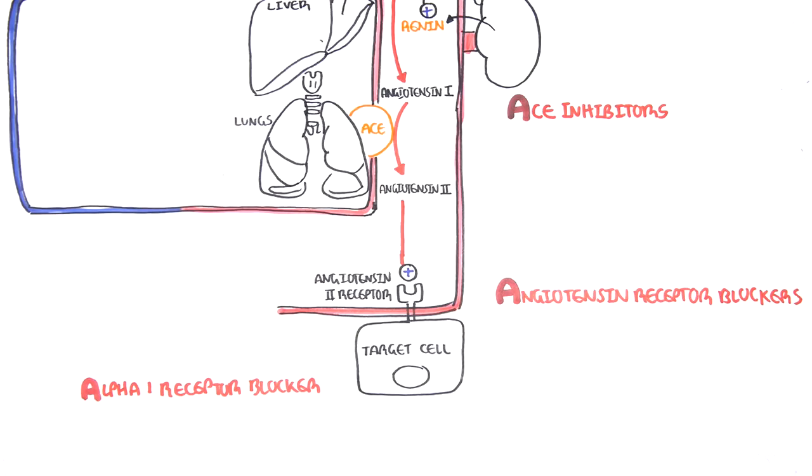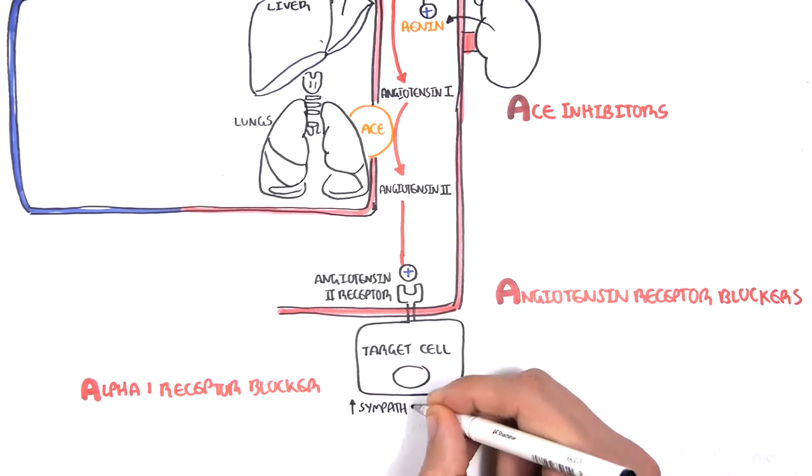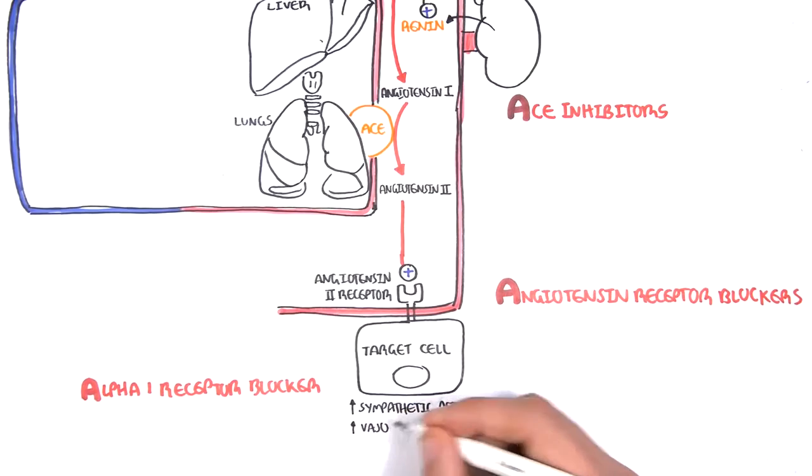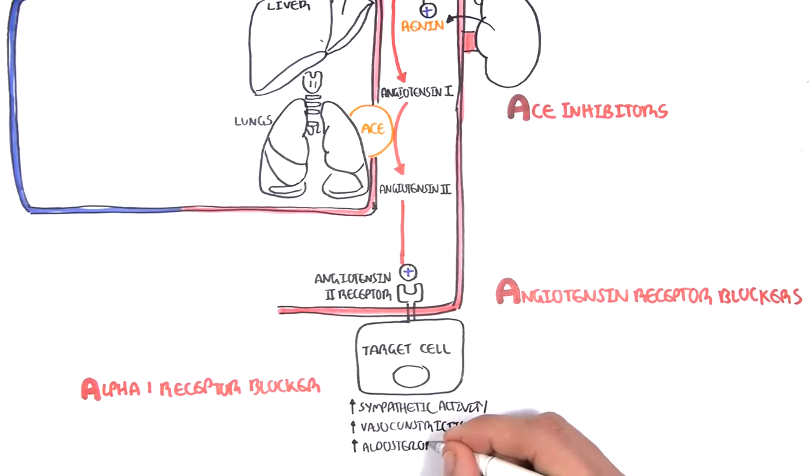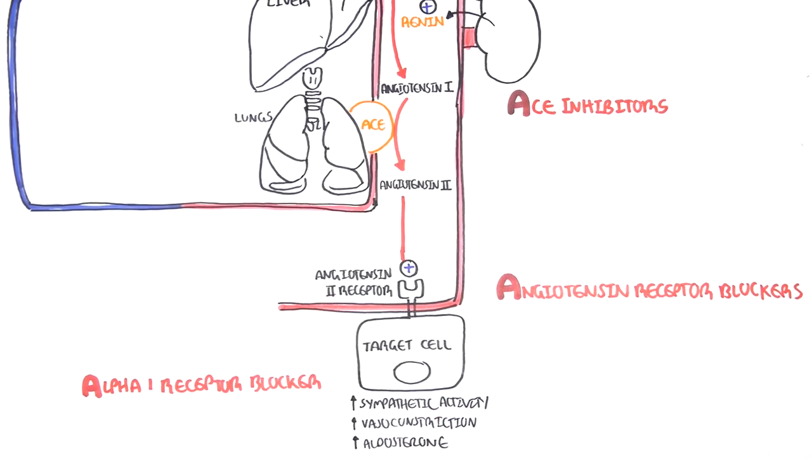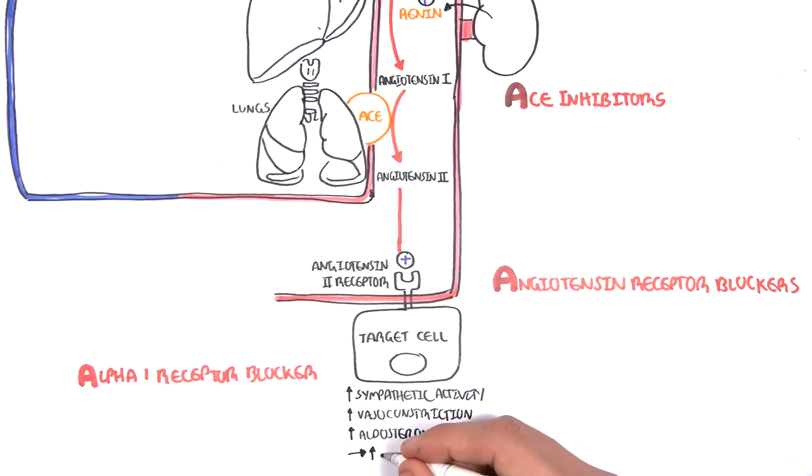But essentially, it will result in an increase in blood pressure. For example, some of the effects of angiotensin 2 include increasing sympathetic activity, vasoconstriction, and stimulating the release of aldosterone, a hormone from the adrenal cortex. All of these effects will lead to an increase in blood pressure.